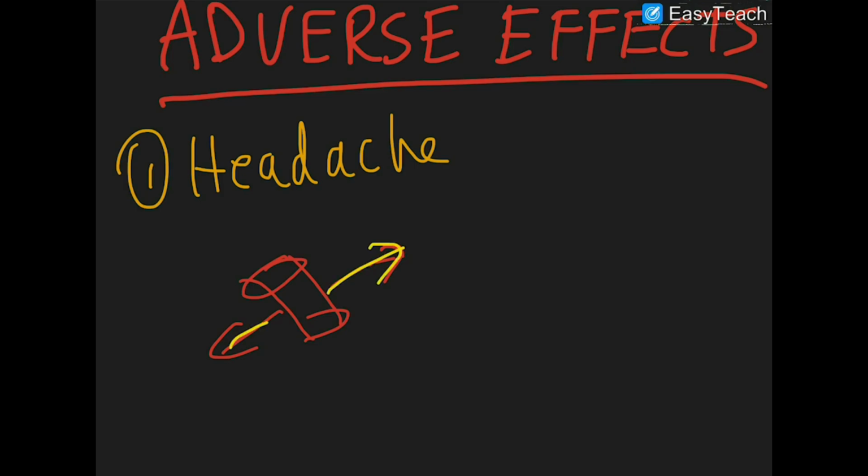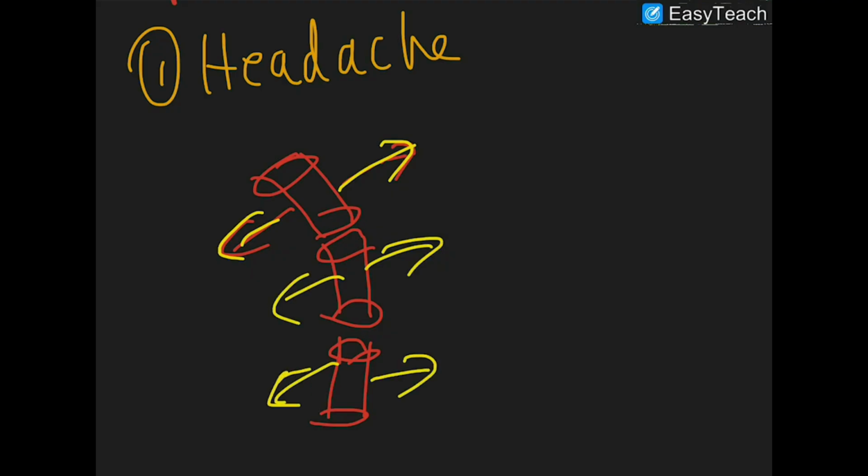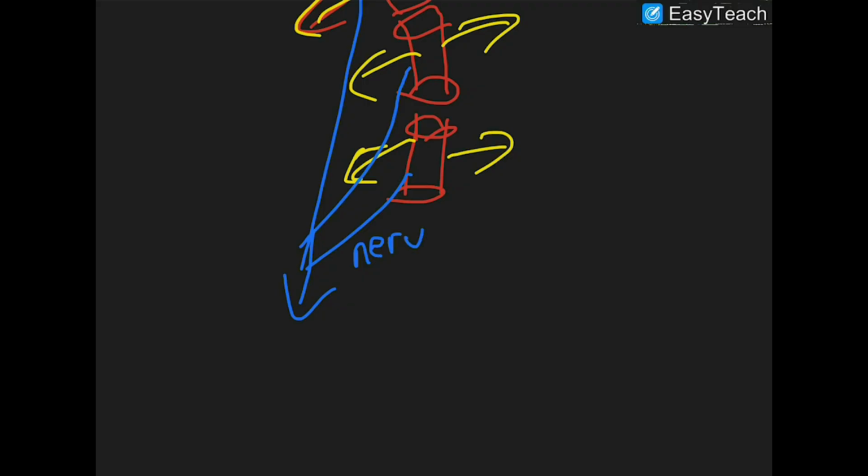And if you have vasodilation, let's say there's many blood vessels near your meninges. So let's just draw a lot of blood vessels, and all of these blood vessels are going to be near your meninges. And if these all vasodilate, then since your meninges are very pain sensitive, you're going to have a lot of nerves that relay this information to your central nervous system, and then you'll perceive that as pain, or headache in this case.